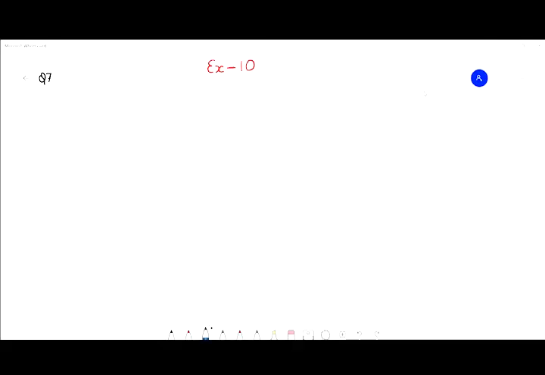In the last video, we completed up to the 6th question. Today we are starting with question number 7. Question number 7 is: find the sum which will amount to 700 rupees. Means the amount given to us is 700 rupees.